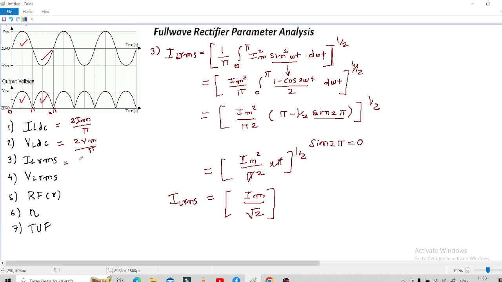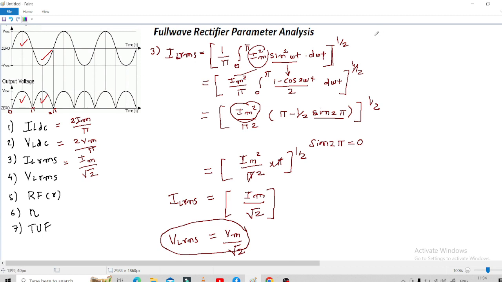If you replace this Im by Vm in the above equation, you will be getting V_L RMS equals Vm by root 2. So you will get this equation over here.